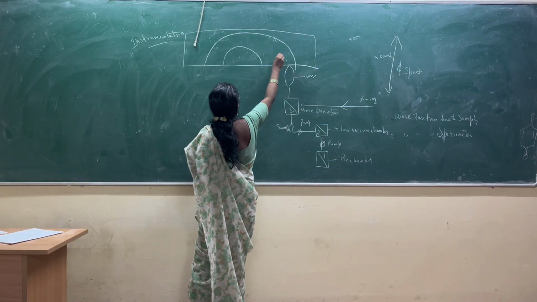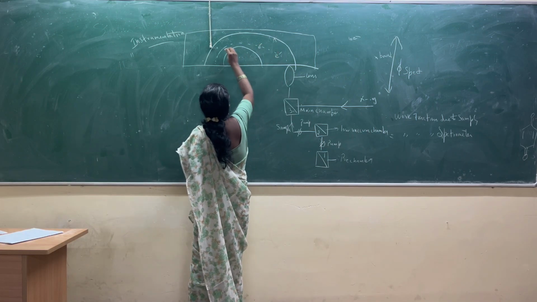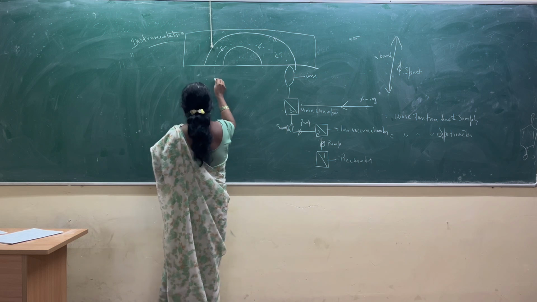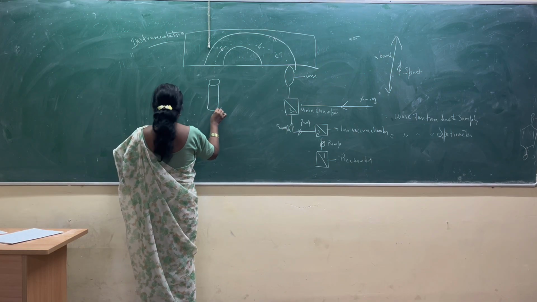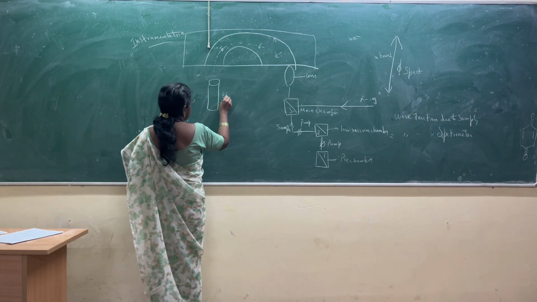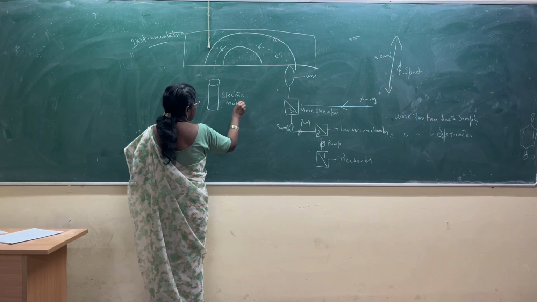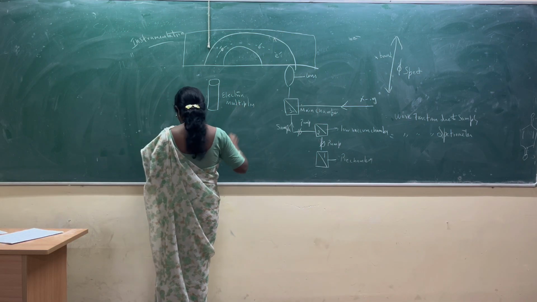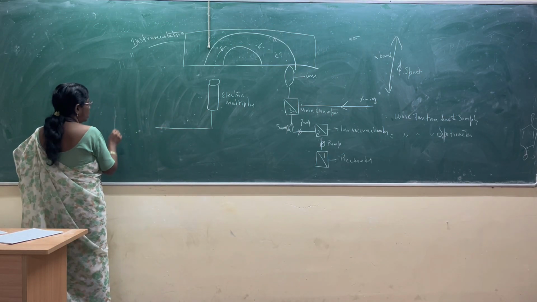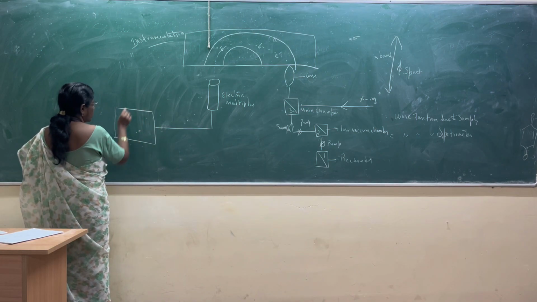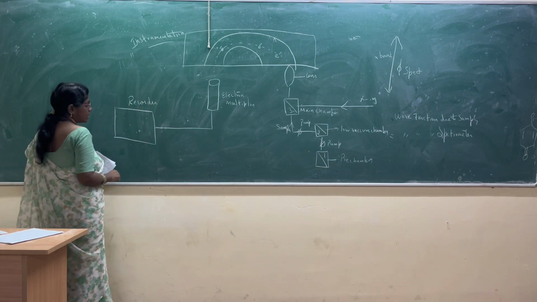So the photoelectrons are ejected here. This is called a photoelectron. The electrons then enter into the electron multiplier. Then finally it goes into the recorder. It is called a spectrum.